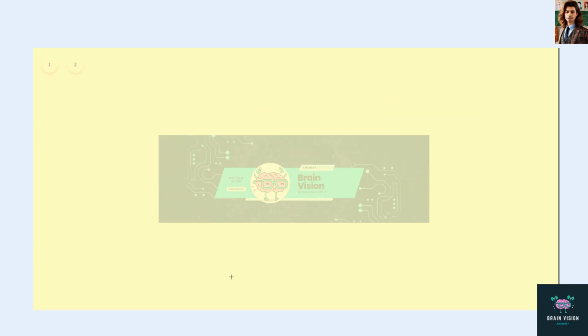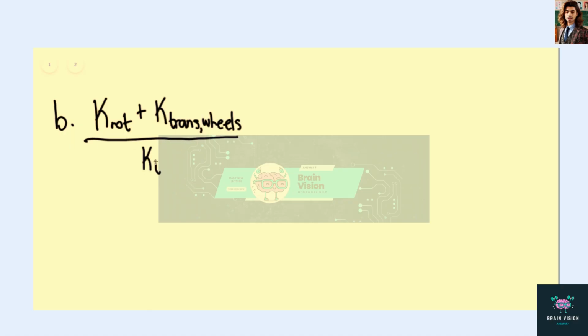For part B, the fraction of kinetic energy in the tires and wheels would be equaling the rotational kinetic energy plus the translational kinetic energy of the wheels only divided by the total kinetic energy.